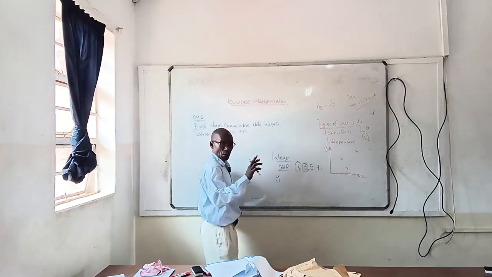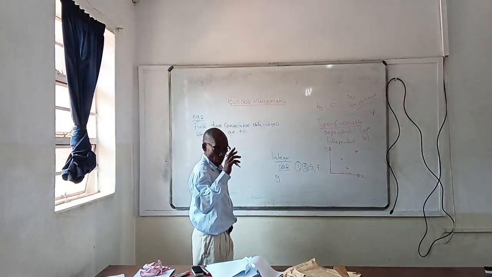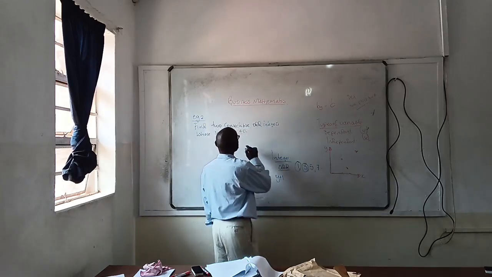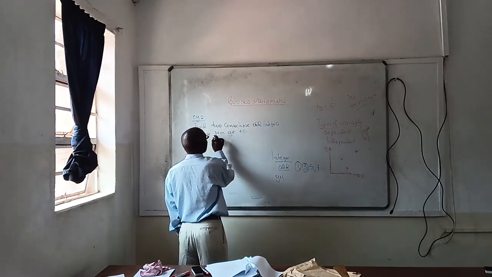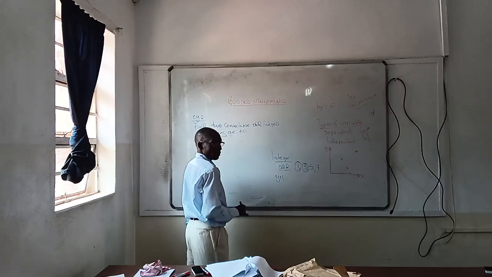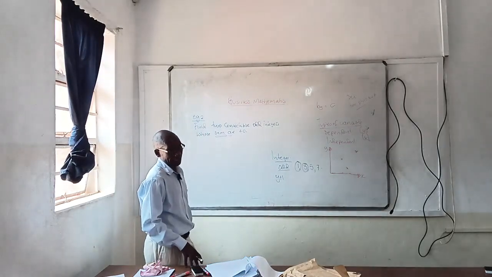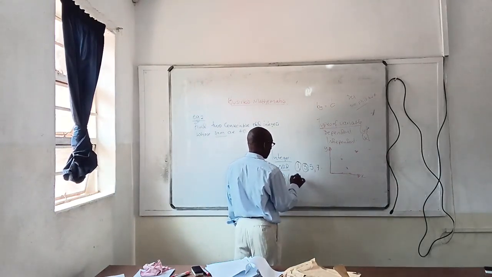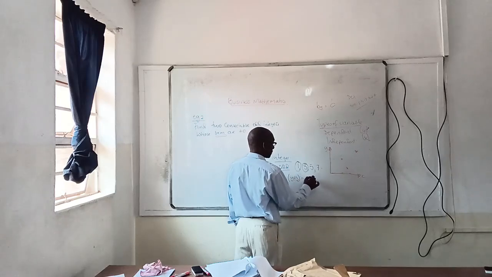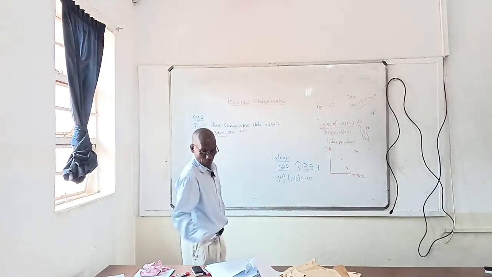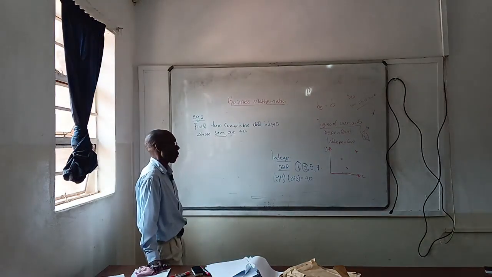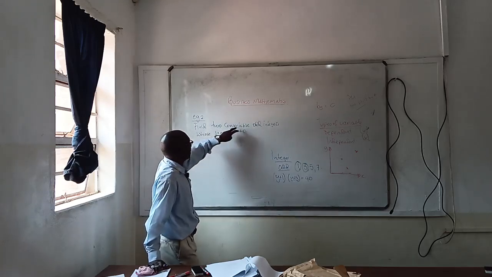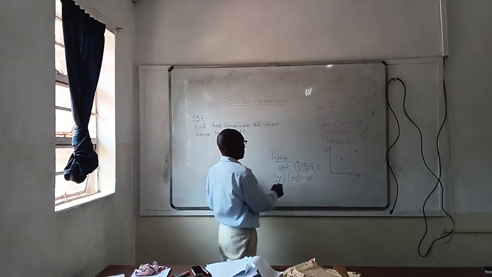The first one should be y plus 1, and the other one y plus 3. Whose sum is 40? We mean the sum of these two.